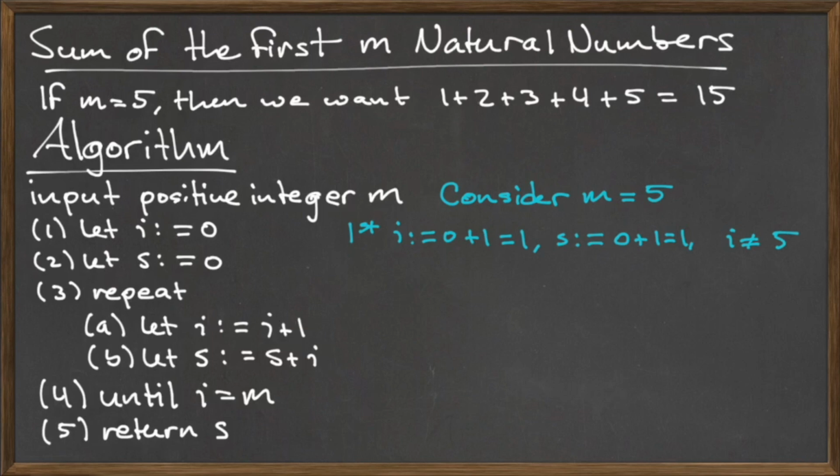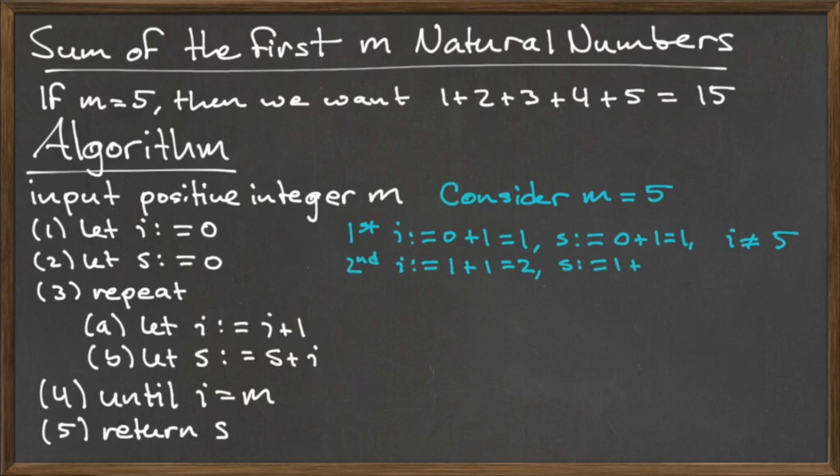Now we come to the stopping condition until I is equal to m. Before we can proceed, we first need to ensure that this condition is satisfied. The current value of I is 1, which is not equal to m, so we cannot proceed to step 5 and must re-enter the loop and repeat steps 3a and 3b again.